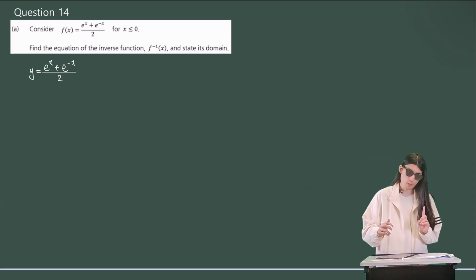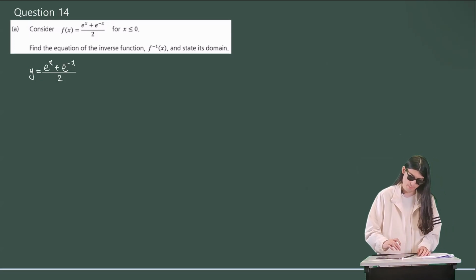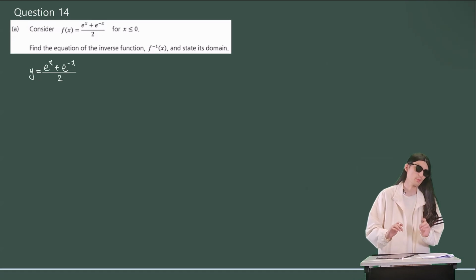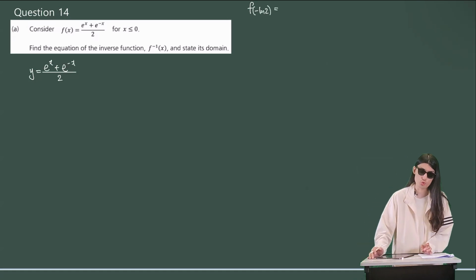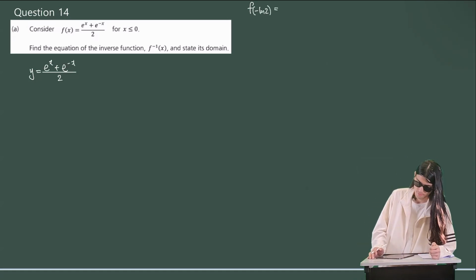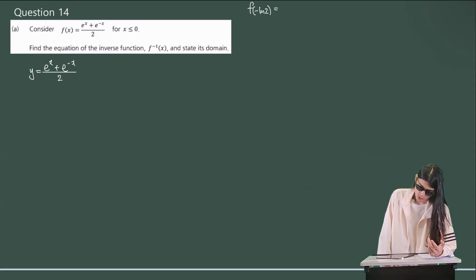Okay, but before I do so, guys, one other thing which I'm going to consider is the value of f of negative ln 2. And for now, why all of a sudden negative?